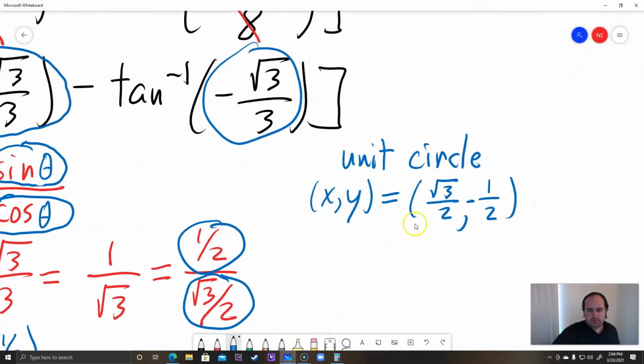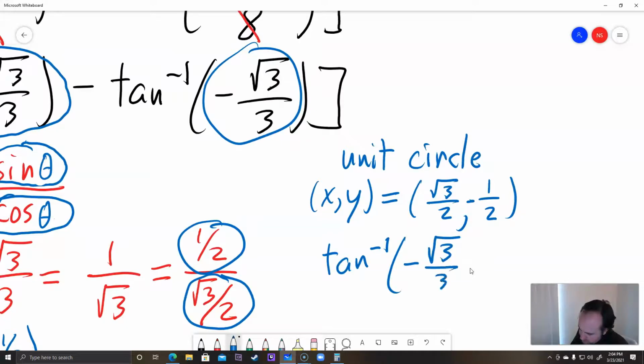So that means tan inverse of negative root 3 over 3 is either you can write it as 11 pi over 6, or it makes more sense to just write it as negative pi over 6.